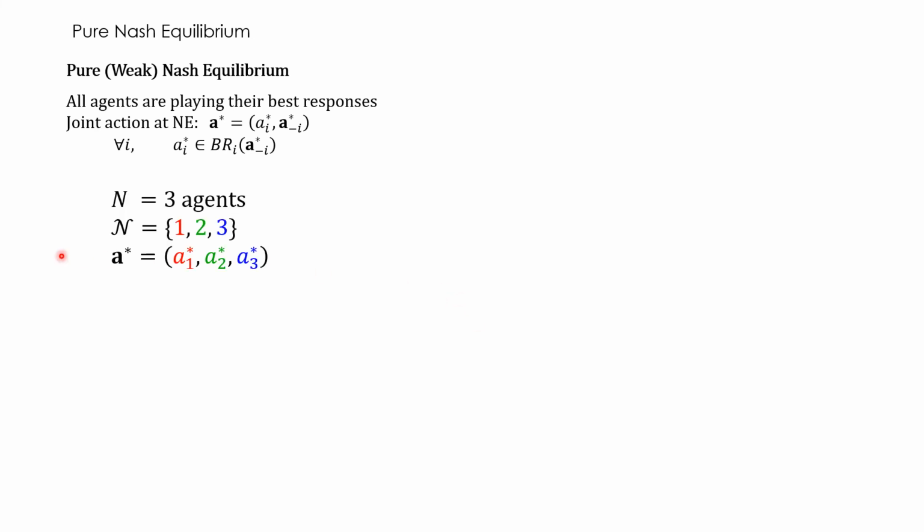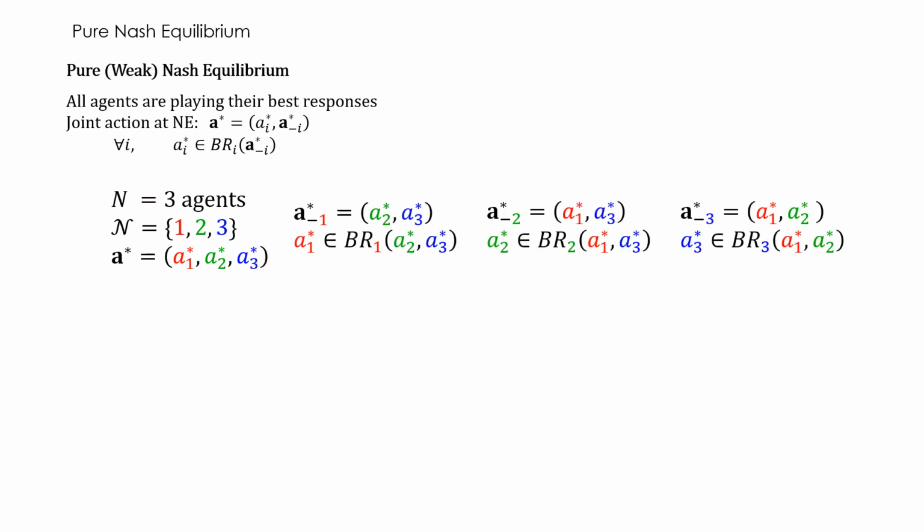Here's an example. Suppose there are three agents, 1, 2, and 3. The joint action a star at Nash equilibrium is a star 1, a star 2, and a star 3. So the opponents of agent 1 are agents 2 and 3.